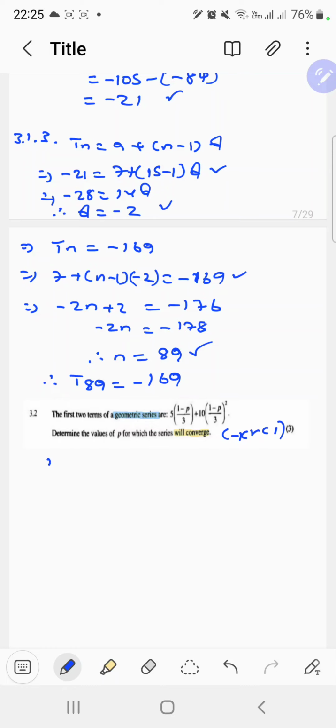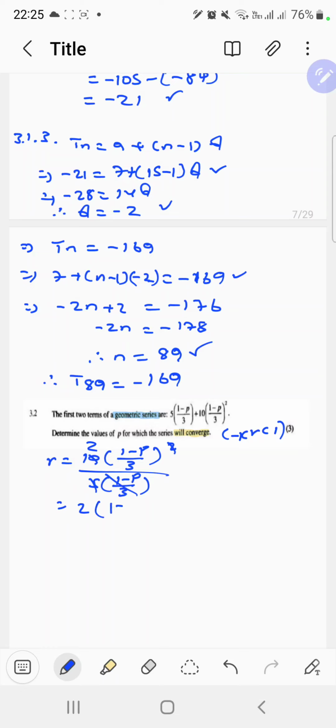So let's sort out r. So r is going to be equal to 10 into (1 minus p over 3) squared divided by 5 into (1 minus p over 3). So this one will take that, and then this one goes there. So our r here is 2 into (1 minus p over 3).